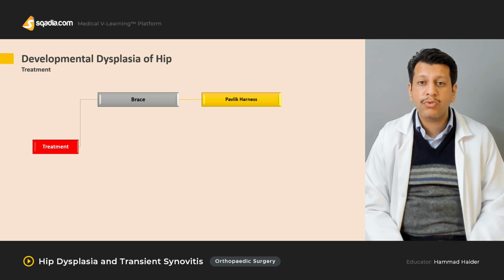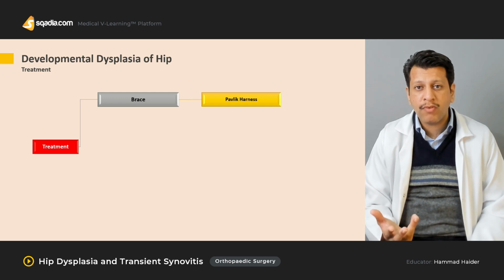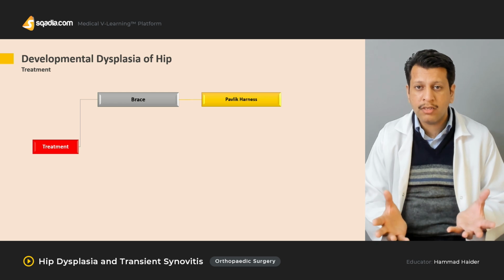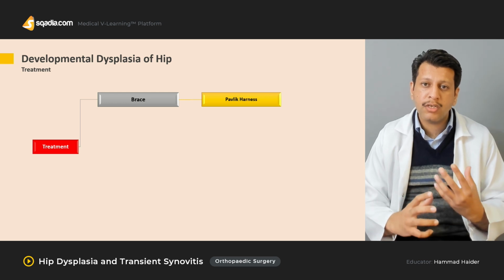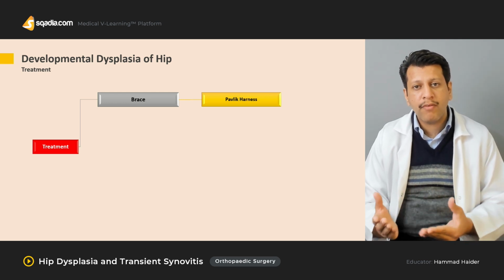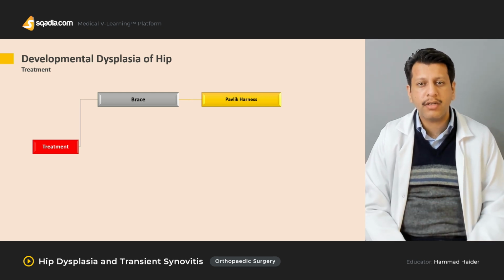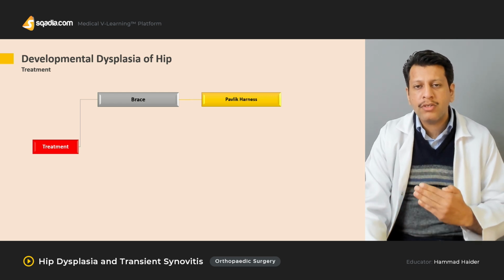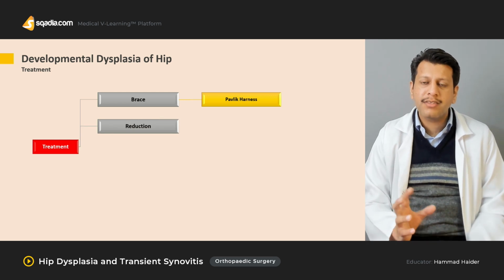Plus, if there are associated problems, such as you have given the Pavlik harness for 7 weeks but there is no change in angles, the beta angle is still the same, the alpha angle is still small, and the dysplasia has not been contained, then you may have to go for the next step of treatment, that is the closed reduction and internal fixation.